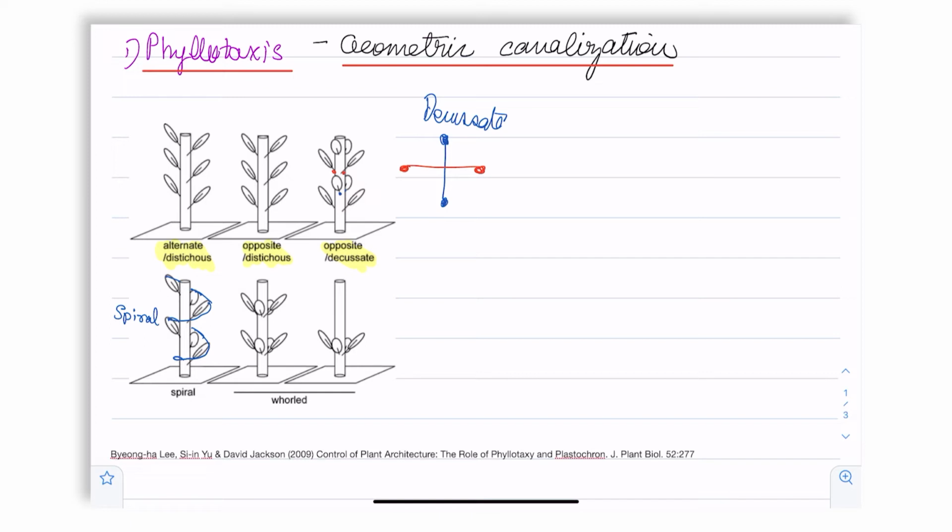And along this spiral, so if we project it, then is the emergence of individual organs or leaves.